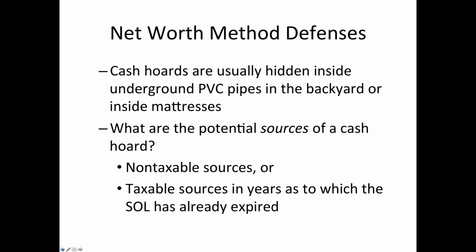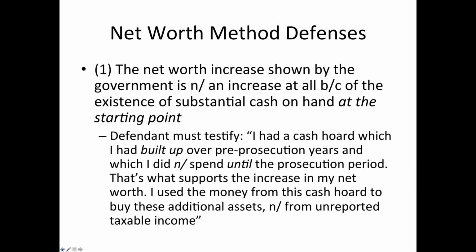But nonetheless, the same idea applies as what we've discussed here, where the defense is alleging that the defendant had this cash hoard, which had been built up over the pre-prosecution years and which was not spent until the prosecution period.